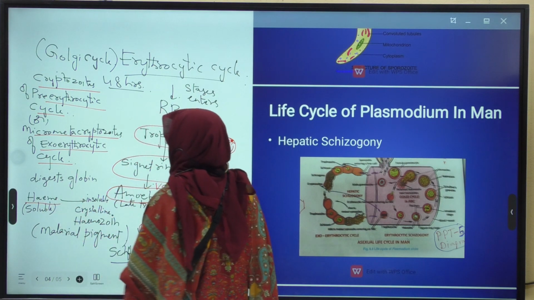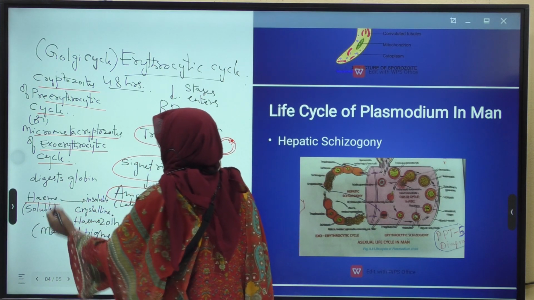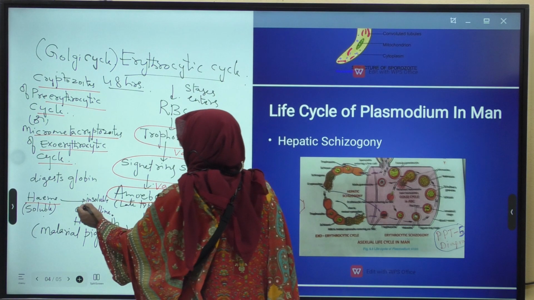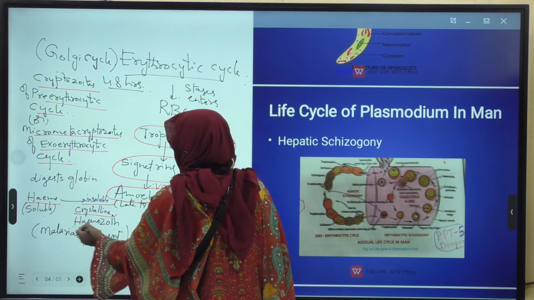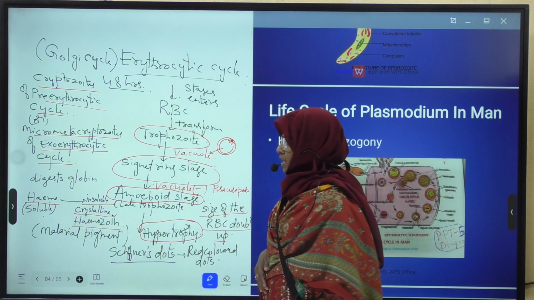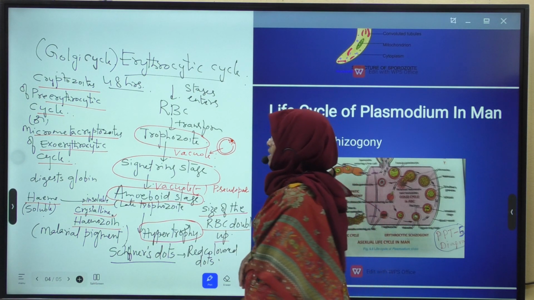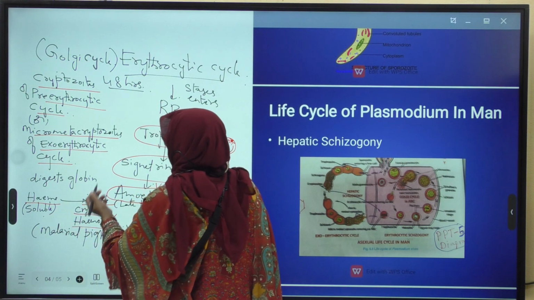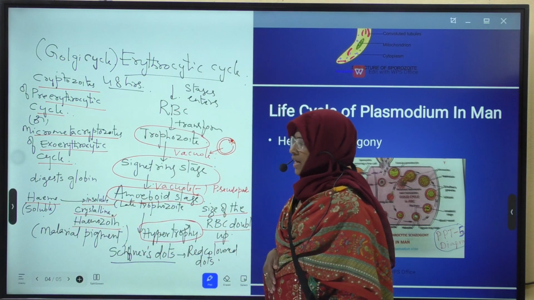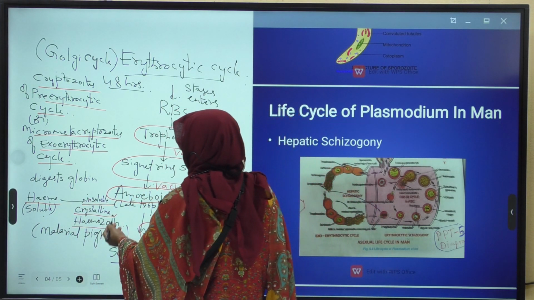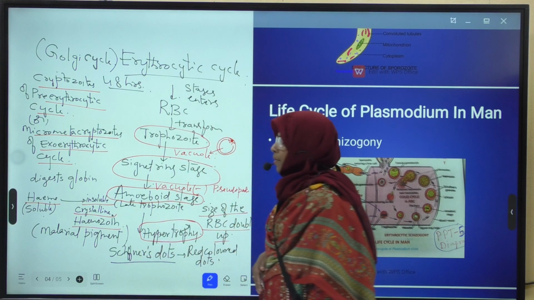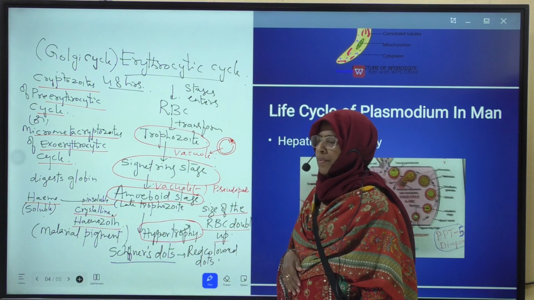This soluble heme is later converted into insoluble crystalline hemozoin. In hemoglobin, heme is a soluble substance. This heme is converted into an insoluble crystalline substance called hemozoin, which is a malarial pigment, which is a disposable product.